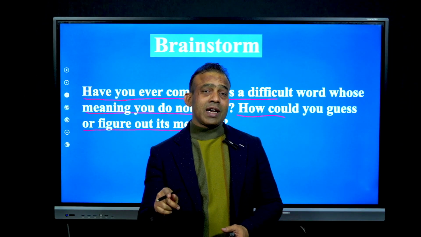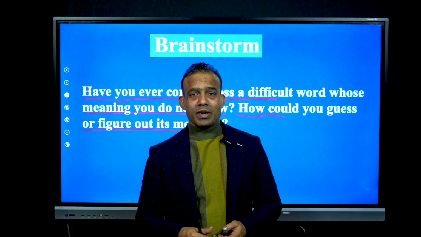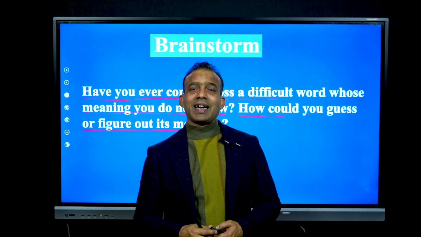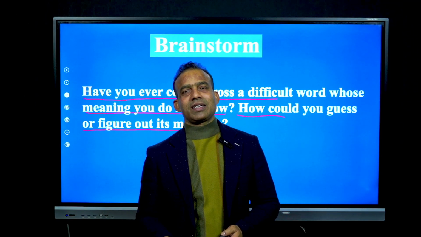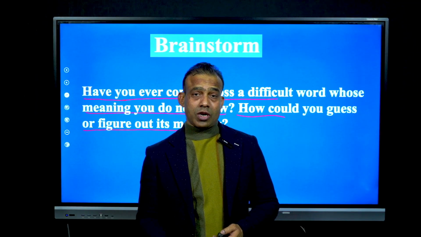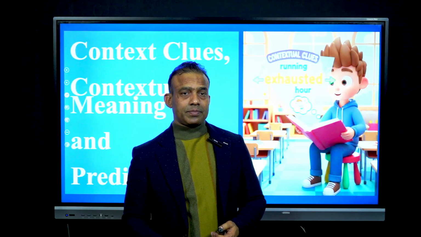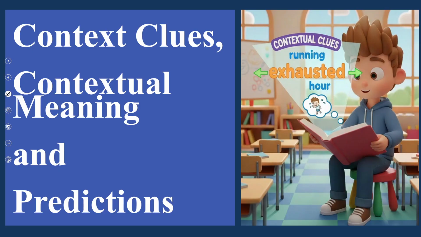You have to go to the dictionary and then compare these two meanings, and you will reach the conclusion whether your guess is correct or not. Now, move to the next slide. Look at this. This is our main topic, contextual clues, contextual meaning, and then predictions.